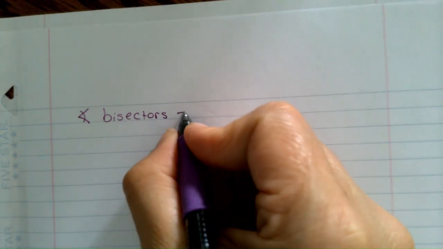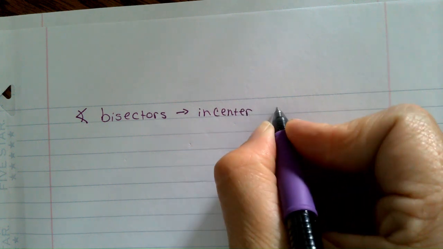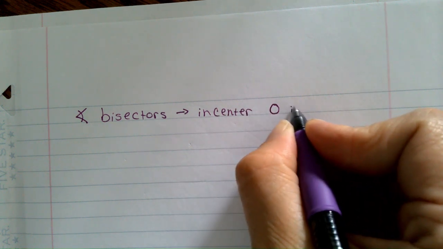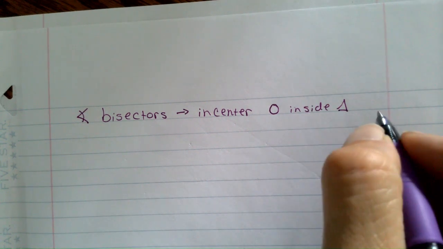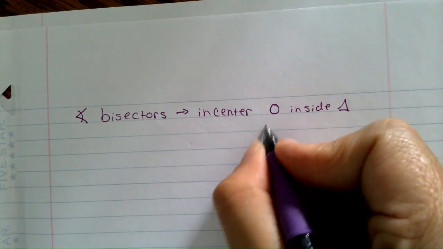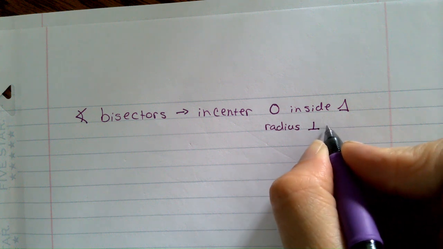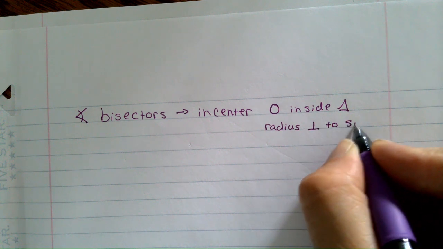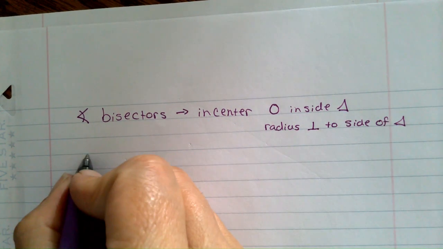Okay. Angle bisectors, incenter, circle inside triangle. Okay. Radius perpendicular to the side of the triangle. Okay.